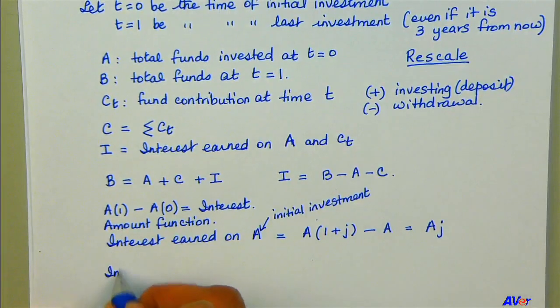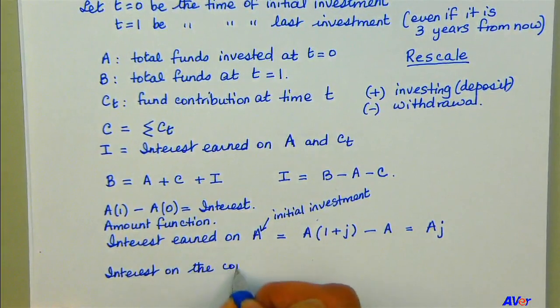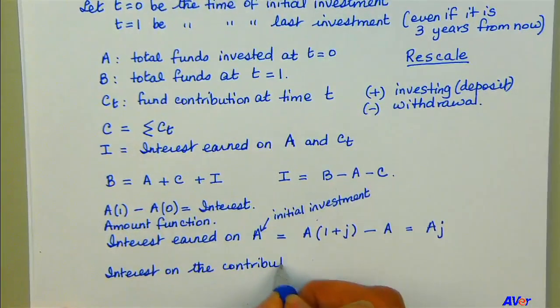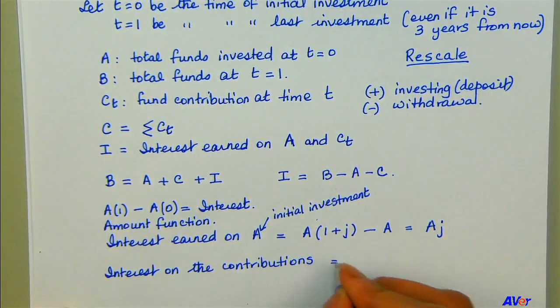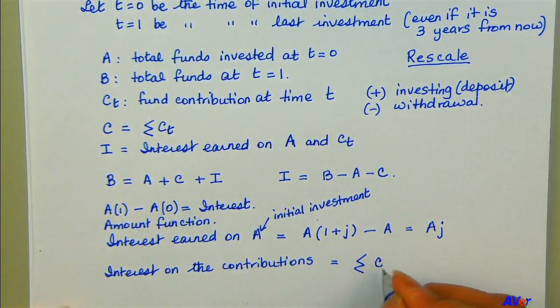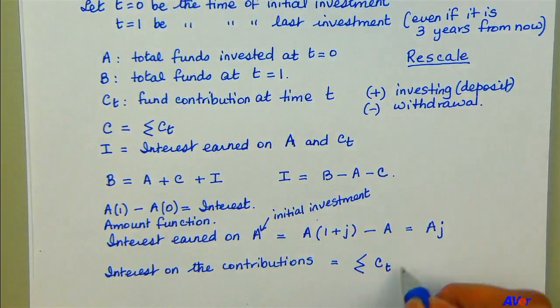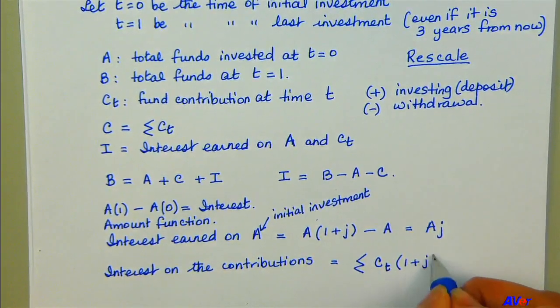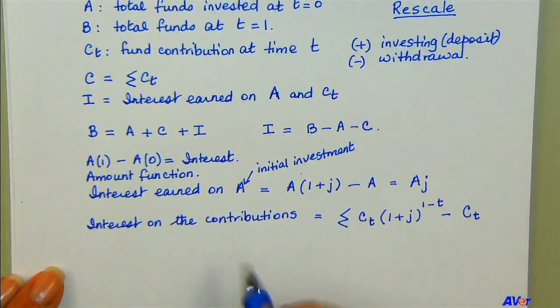The interest on the contributions is equal to the summation of C_t, that's the contribution at time t, times (1 plus j) to the 1 minus t, minus C_t. Let me explain.